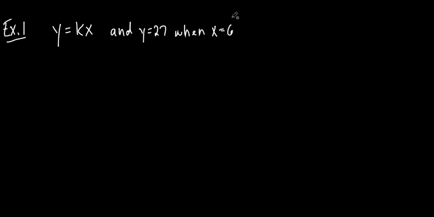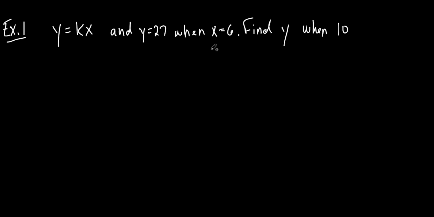Now, there's a little bit more to it. They're going to say, find the value of y when x is equal to 10. So they give you all this information when x is equal to 6. But then they say, okay, let's keep that same variation.